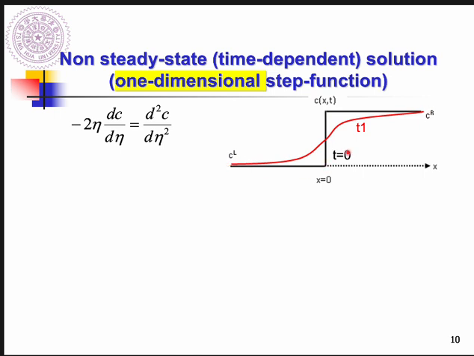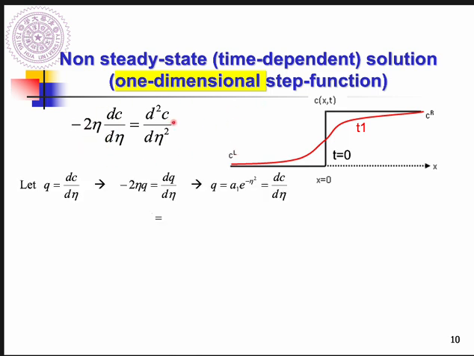In the beginning of the diffusion couple, at t equals 0, it is like a step function. As time increases, the atoms will move to the left-hand side. So it is CR at the right-hand side and CL at the left-hand side. So how do we get this one?